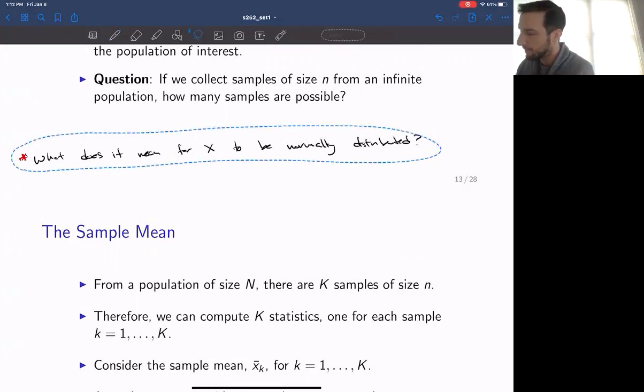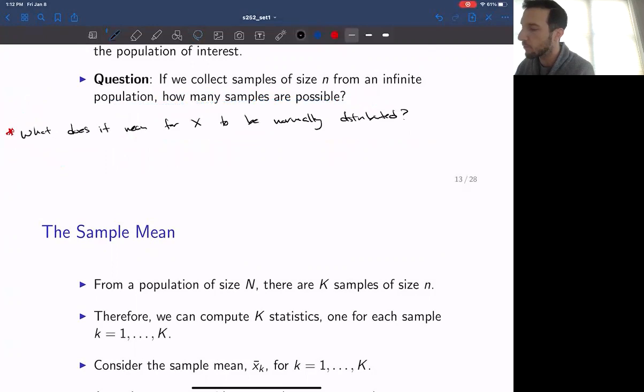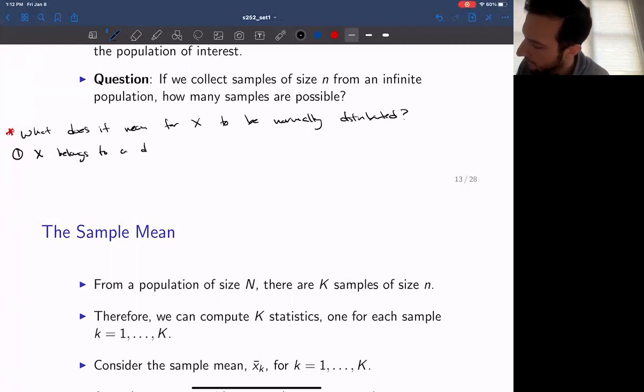What it means is that the random variable X belongs to a population that admits a bell curve, or has a density curve that is the shape of a bell curve. So one thing it means: X belongs to a distribution whose shape is a bell curve.